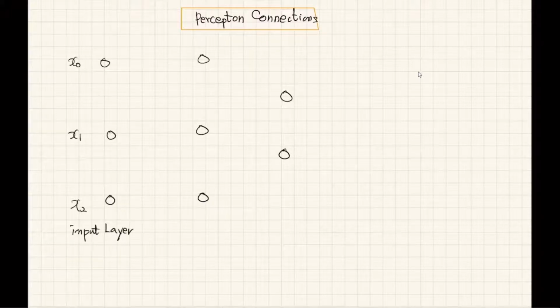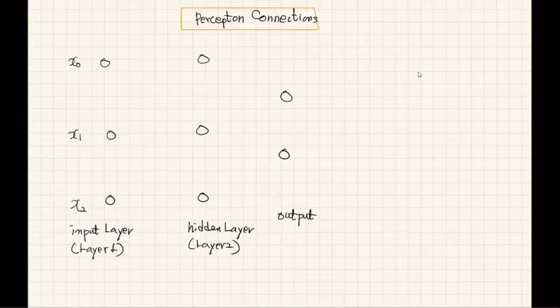Let's assume that we have one hidden layer. This is layer 1, this is layer 2, and this is the output layer. This is a very simple case; we have only 8 perceptrons, and they are connected.